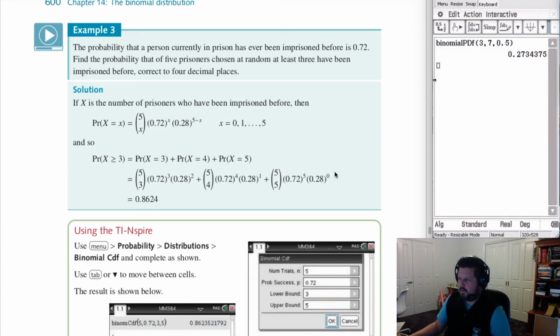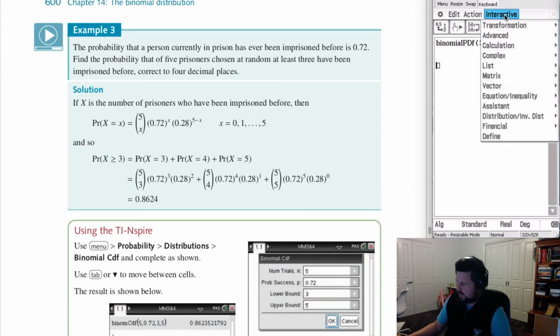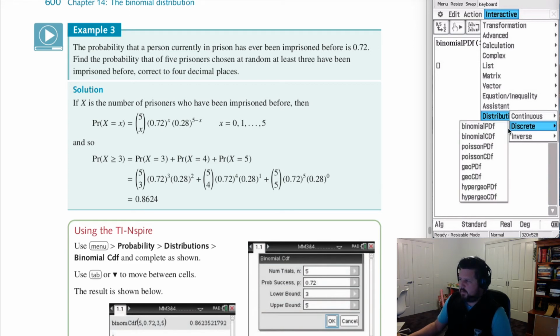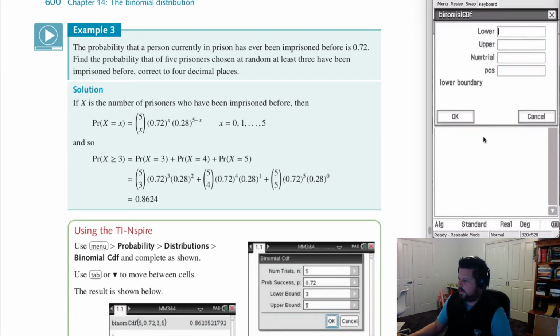Again, the good news is we can do this on the ClassPad calculator in one step. To do it on the ClassPad calculator, you go to interactive, then distribution, then discrete distribution. However, this time we're going to be using binomial CDF. With binomial CDF, we enter both the lower and upper boundaries.